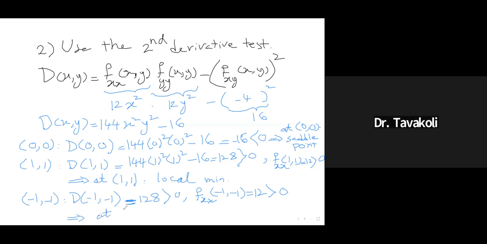So at minus 1, minus 1, we have another local minimum. Obviously, we checked all the critical points, and we have no local maximum. So 2 local minima and 1 saddle point. The test was conclusive because at every critical point we were able to determine the situation.